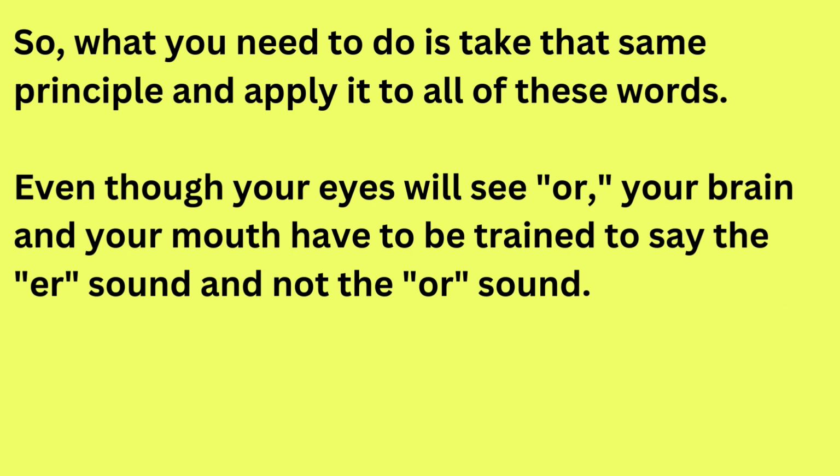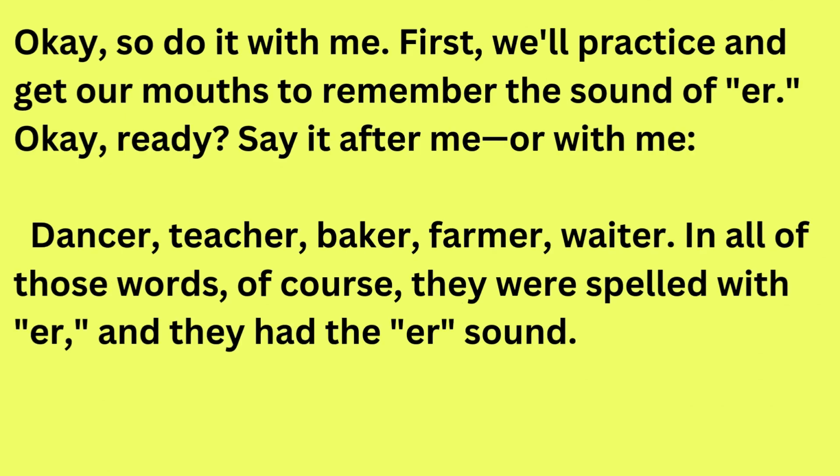Even though your eyes will see "or", your brain and your mouth have to be trained to say the "er" sound and not the "or" sound. Okay, so do it with me. First, we'll practice and get our mouths to remember the sound of "er". Okay, ready? Say it after me, or with me.